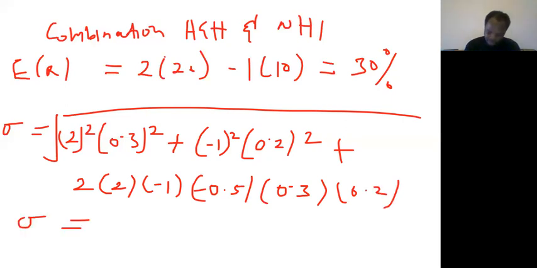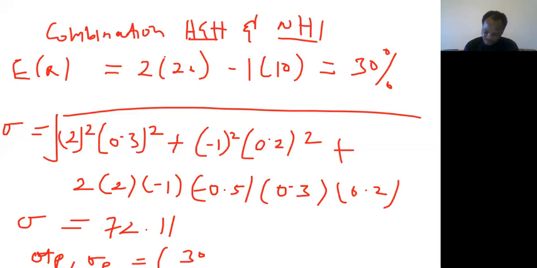So we have the volatility to be 72.11%. So in the case where we decide to use AGH and WHI, the portfolio has an expected return of 30% and a volatility of 72.11%.